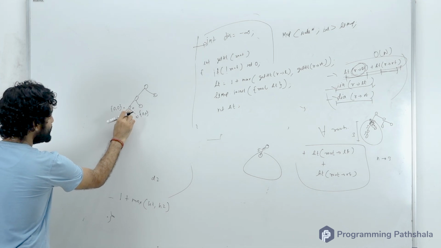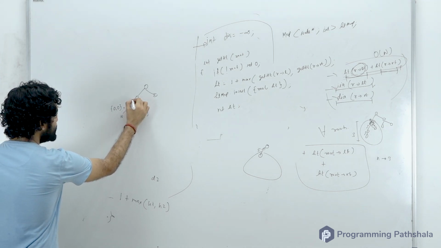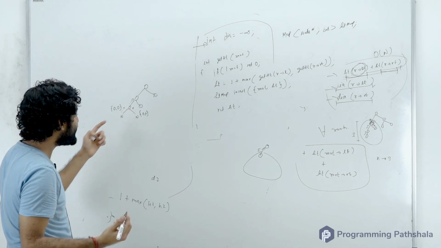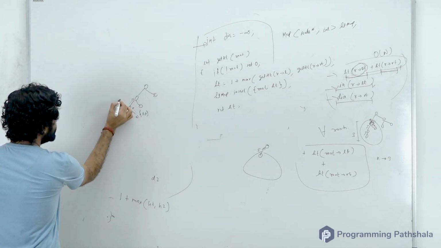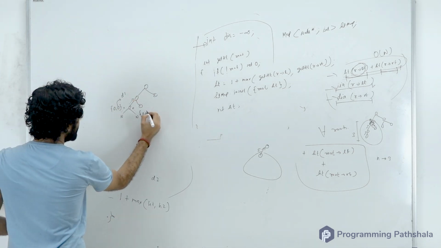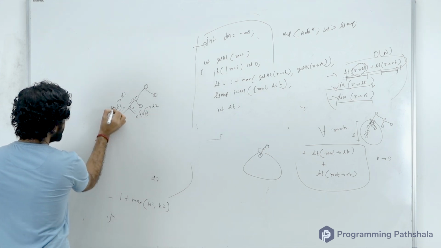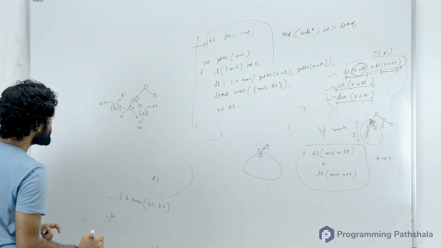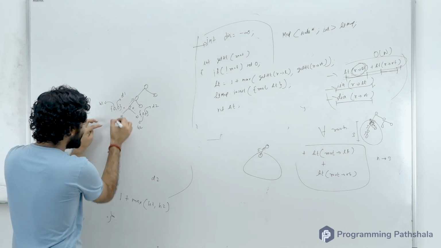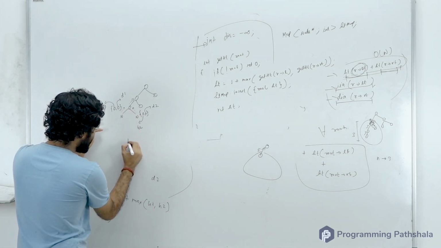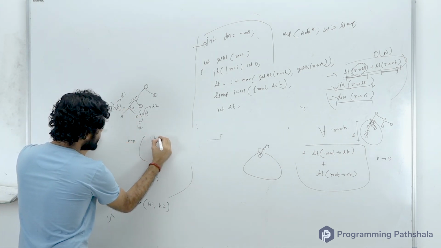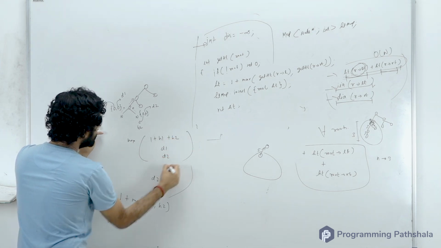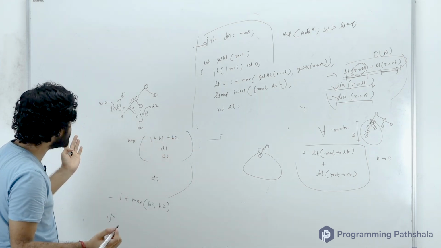Now once you are here, can you manufacture your height as well as your diameter? So I can say yes, because you know this diameter D1, you know this diameter D2, you know this height H1, you know this height H2, okay? So you have got three options for your diameter. Your diameter would be max of 1 plus H1 plus H2, comma D1, comma D2. H1, H2, D1, D2, everything is known to you.